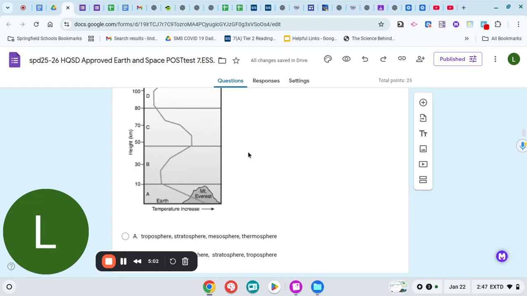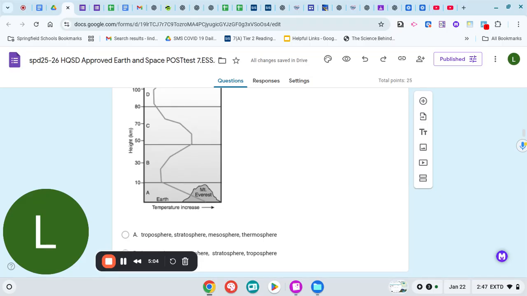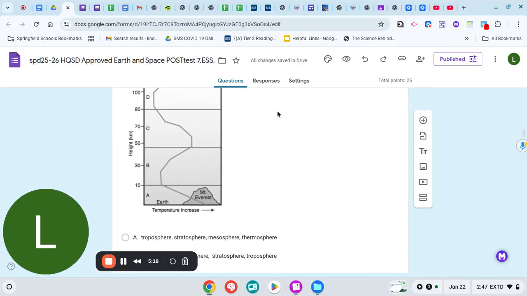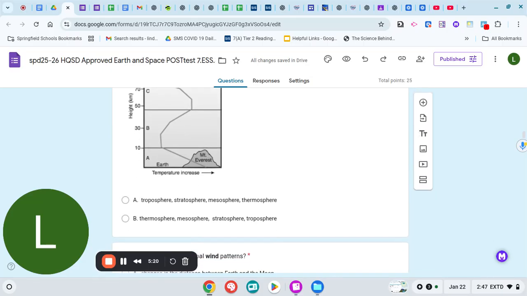If you choose choice B, then you're saying A is the thermosphere, B is the mesosphere, C is the stratosphere, and D, which got cut off, would be the troposphere.